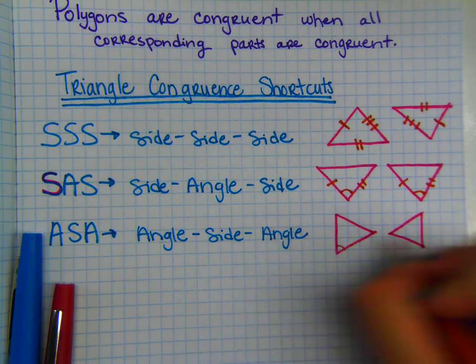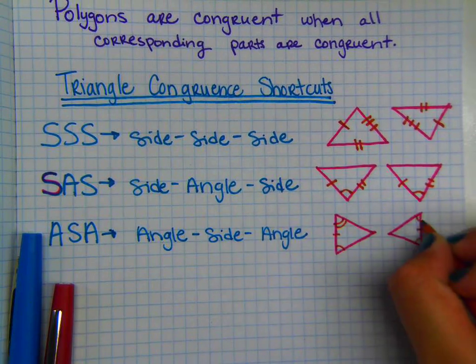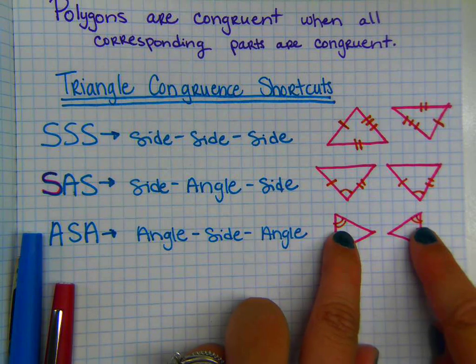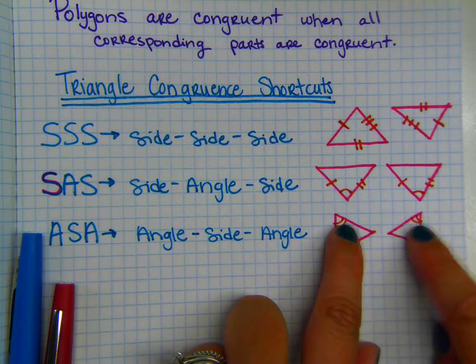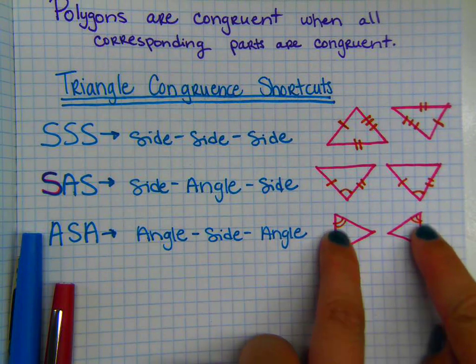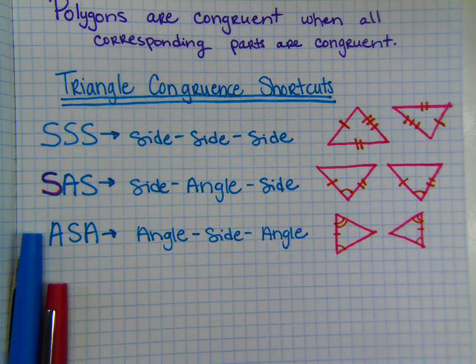We have an angle, the side between them, and another angle. You'll notice these have double arches. That means those are the corresponding angles. But we have an angle, the side, and then the angle, and that order is important. Angle, side, angle.